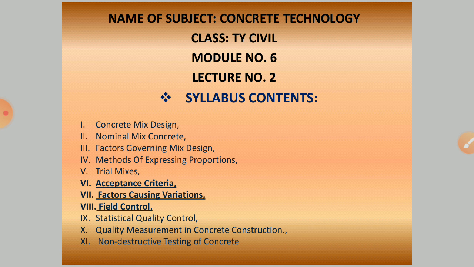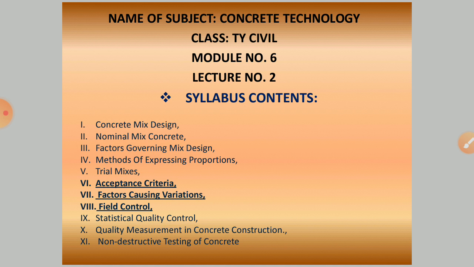This is the second lecture on module 6 of concrete mix design. We will quickly revise what we have studied in lecture number 1. We have seen the difference between concrete mix design and nominal mix concrete, then factors governing mix design, various methods of expressing proportions, and trial mixes.